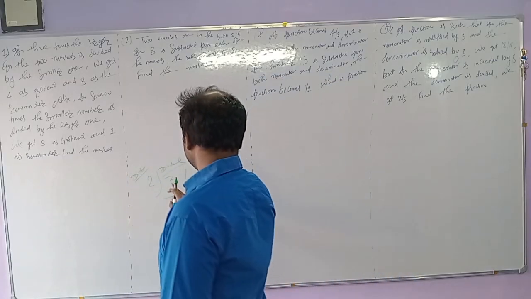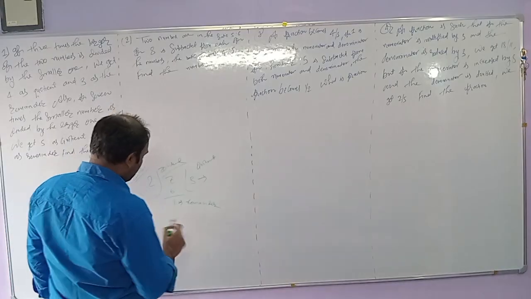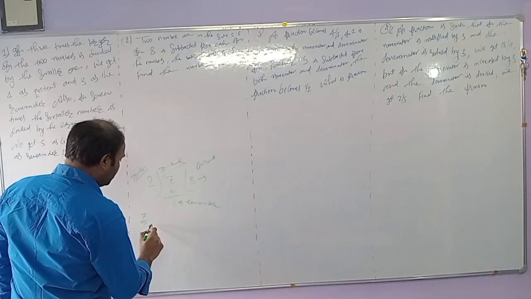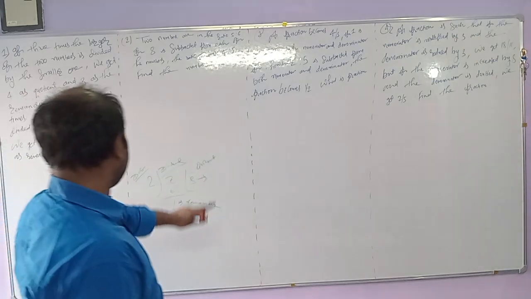When we divide 7 upon 2, we get this thing.